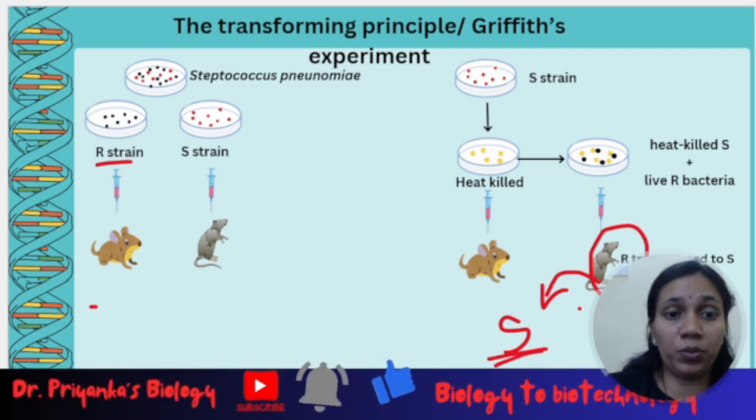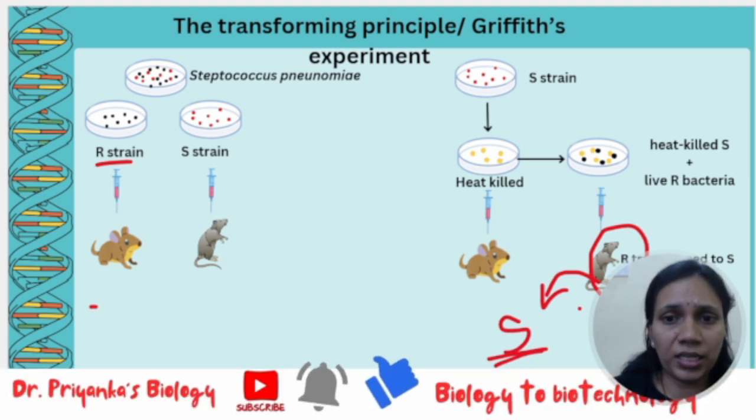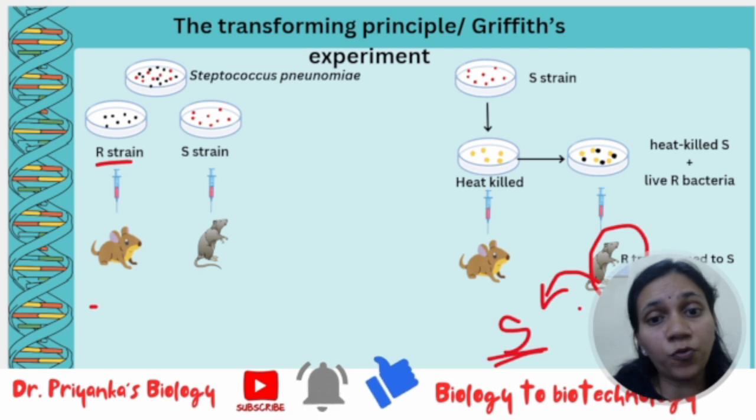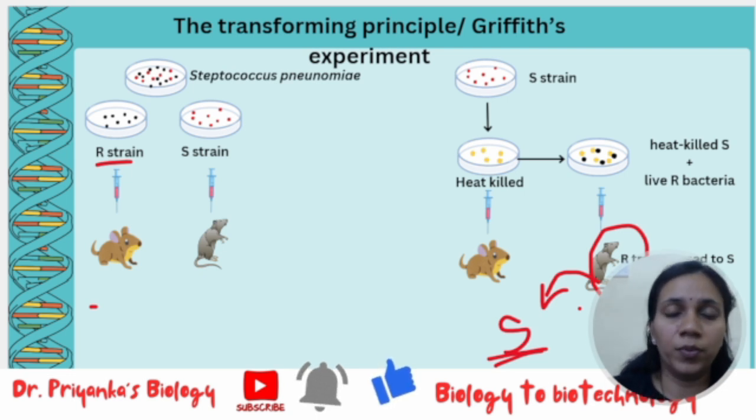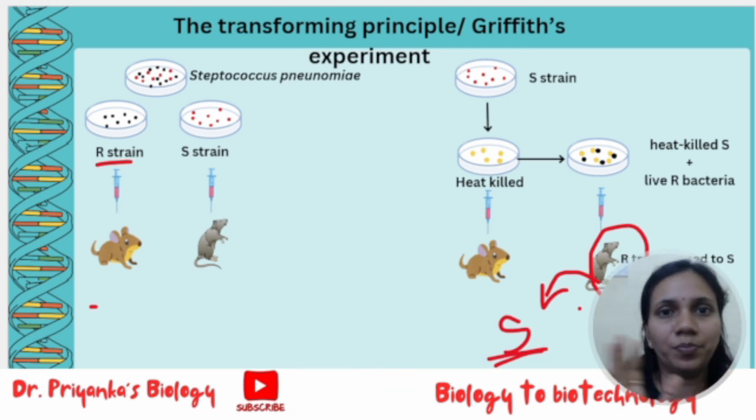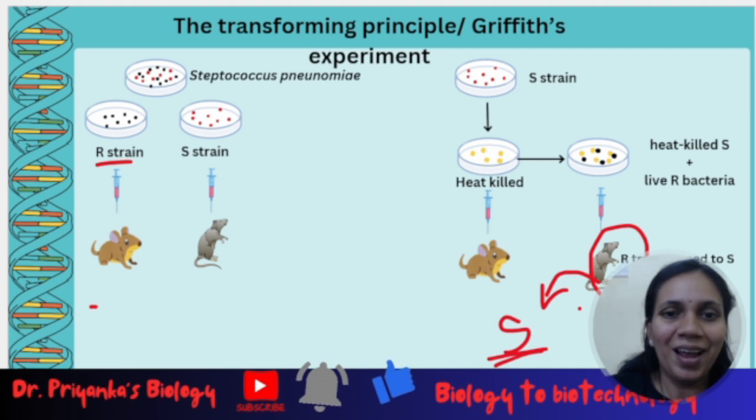So why did that happen? What is that somehow? All these questions still remained unanswered for him. So further he said that there is something that was transformed by this heat killed bacteria. Some jadoo tona must have happened and that changed that.